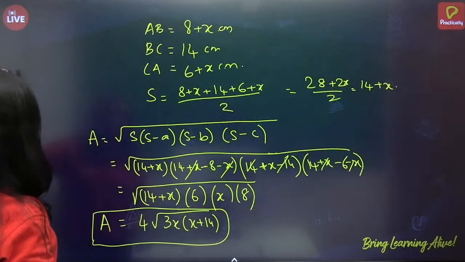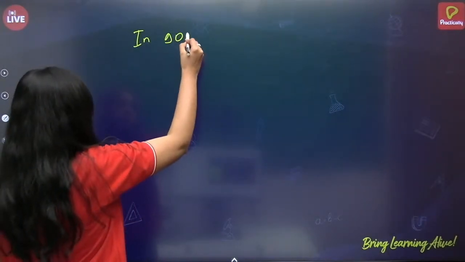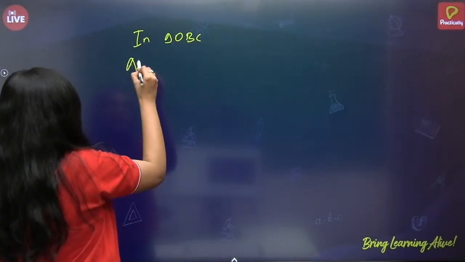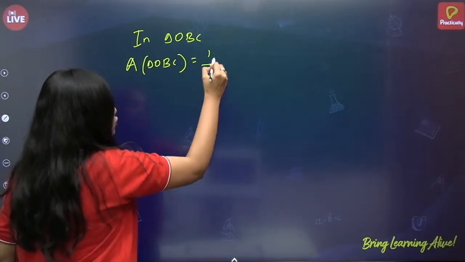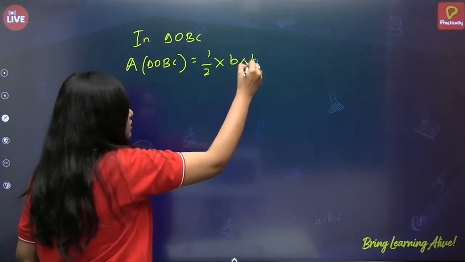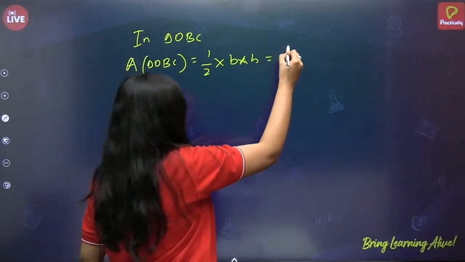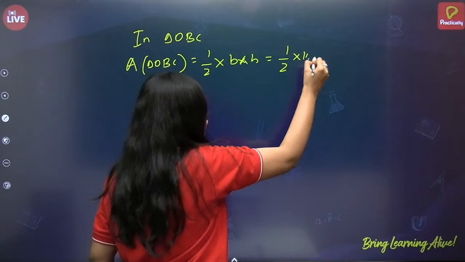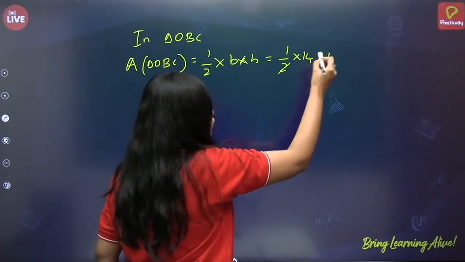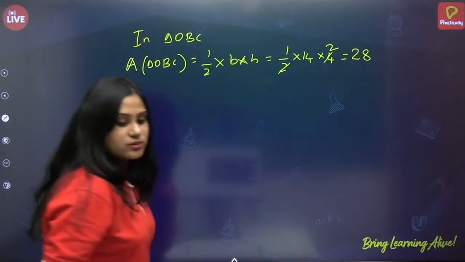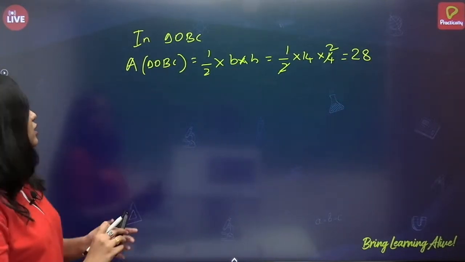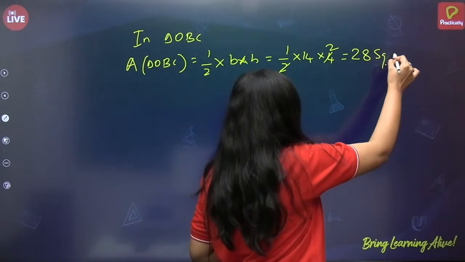So in triangle OBC, area of triangle OBC is equal to half into base into height, that is half into 14 into 4. So 2 times 14, that is 28. Alright. So I'm just writing the numerical. You can just put square centimeter.